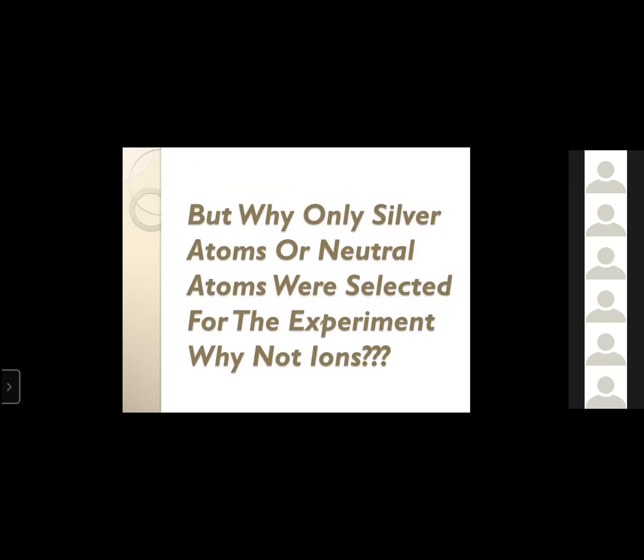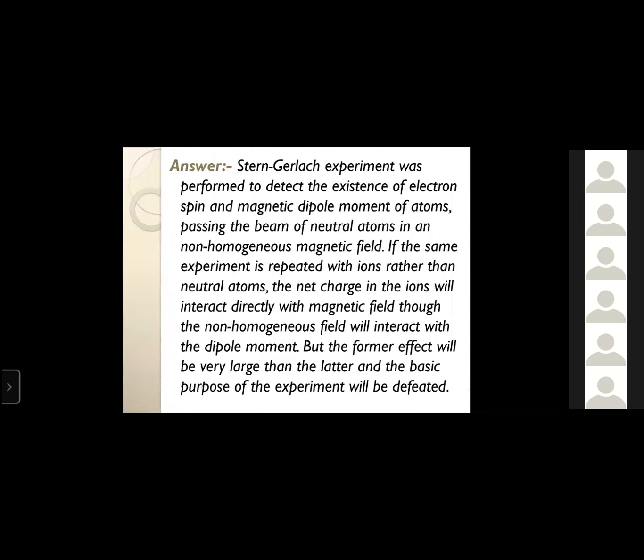But why only silver atoms or neutral atoms were selected for the experiment? Why not ions? This is because the Stern-Gerlach experiment was performed to detect the existence of electron spin and magnetic dipole moment of atoms, passing the beam of neutral atoms in a non-homogeneous magnetic field.